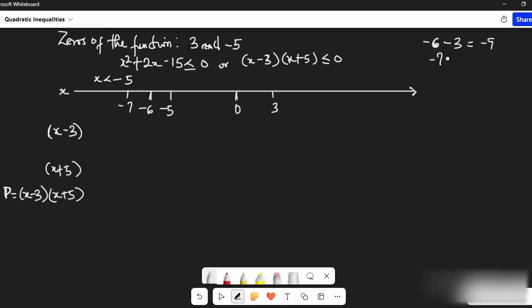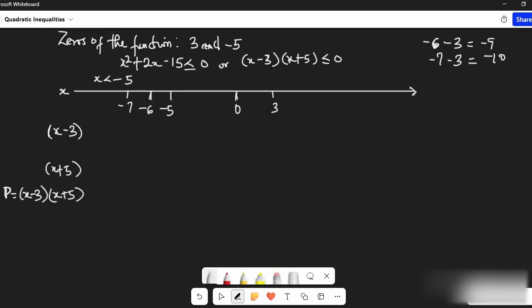If you say x is -7, you see that -7 minus 3 gives -10, and that's a negative number. So you can say x is -100. You see that -100 minus 3 gives -103, that's also a negative number. So it means that if one value of x in this region gives a negative number, all the other values of x will be a negative number.